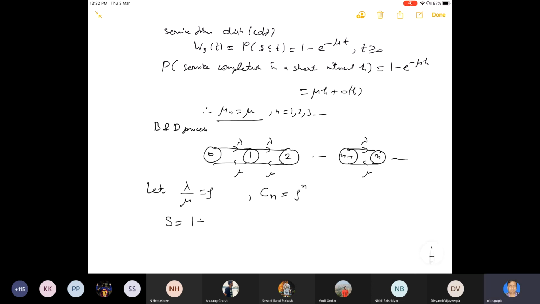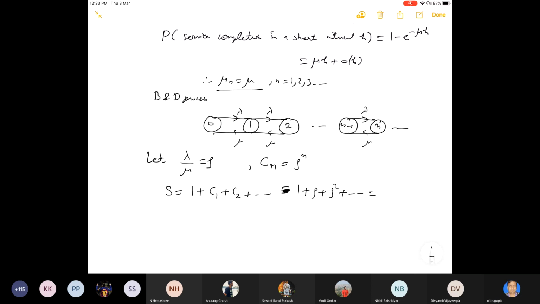S is 1 plus C1 plus C2 plus so on. That means this is 1 plus rho plus rho square plus so on. This is 1 divided by 1 minus rho. So P naught, which is 1 by S, is 1 minus rho.